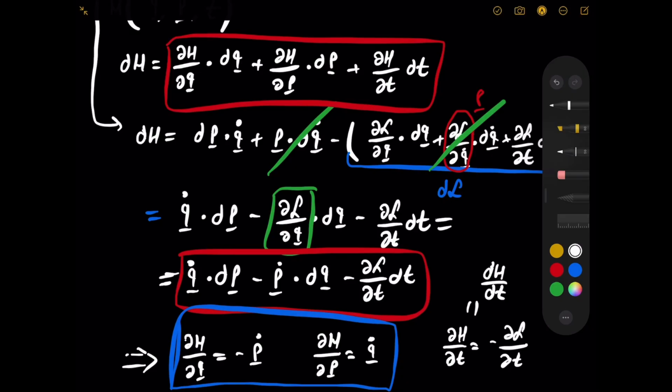So in fact, these two are indeed equal, but we have not proved that today. What we proved is the two equations in the blue box, that are Hamilton's equations, and we've also proved that the partial derivative of the Hamiltonian with respect to time is equal to minus the partial time derivative of the Lagrangian. We've only proved those three things in the blue boxes.